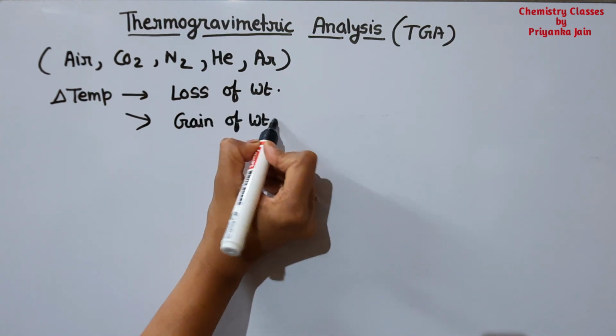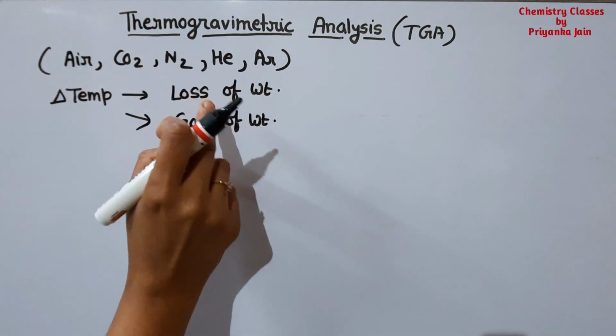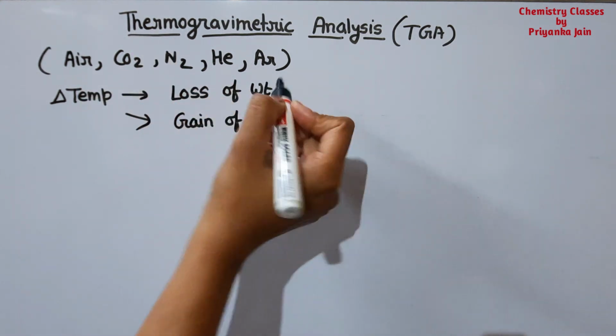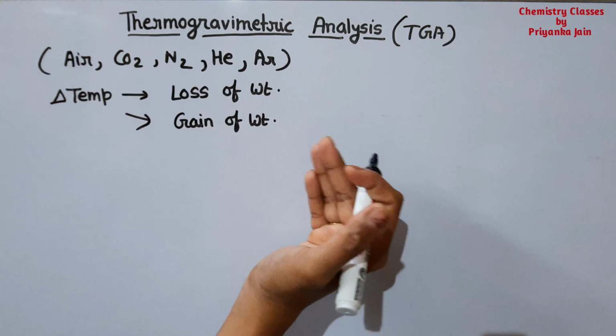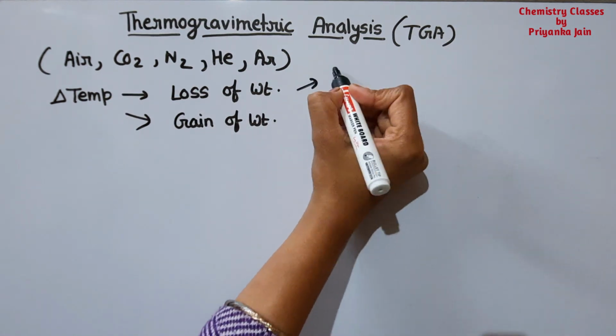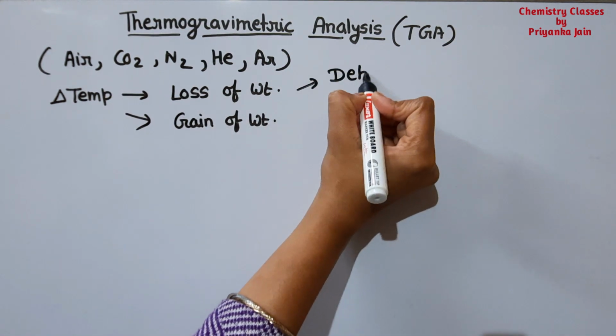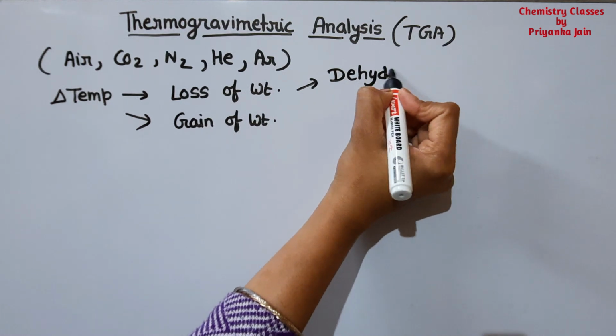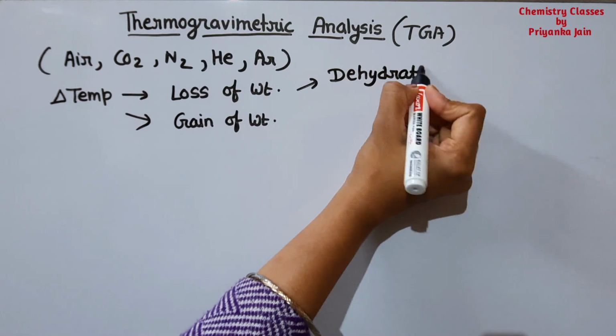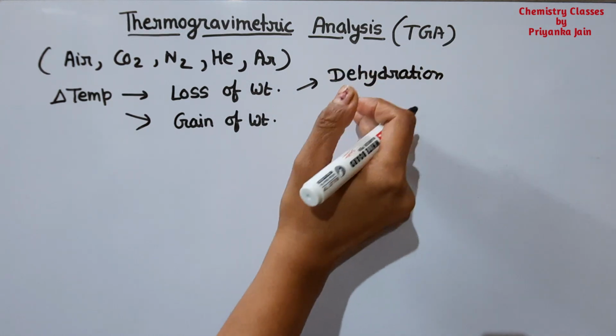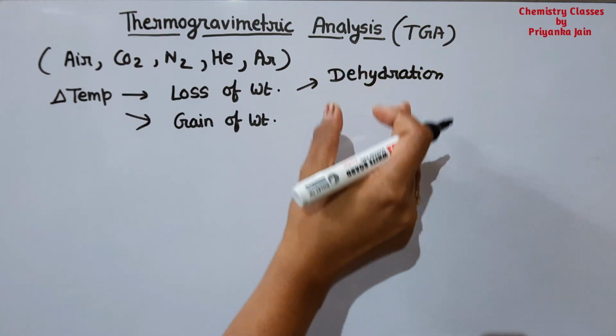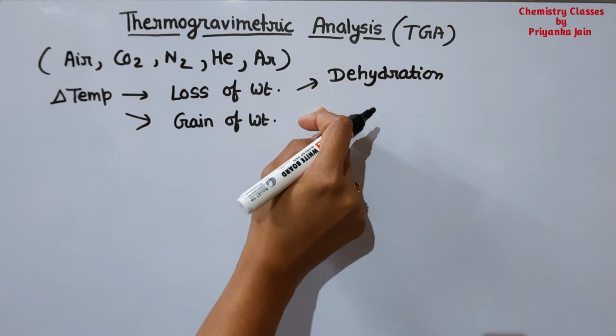This is in some cases. In most of the cases there is the loss of weight, and this loss of the weight may be due to dehydration. Whenever there is the water of hydration present, then when we are heating the sample, this water of hydration will evaporate. So this process is called dehydration.